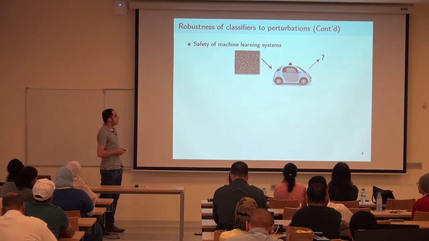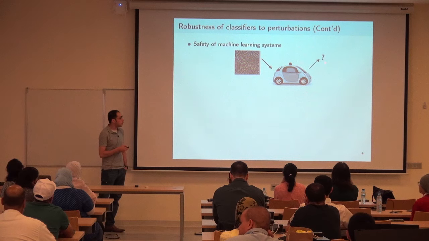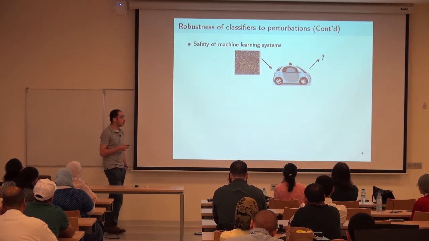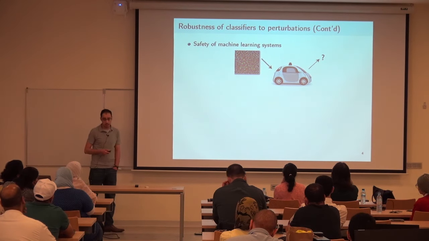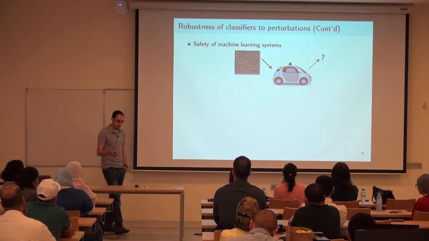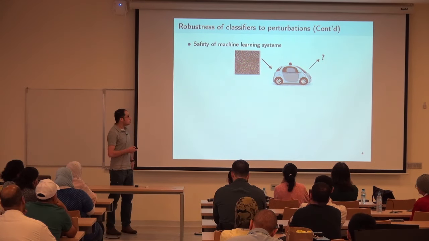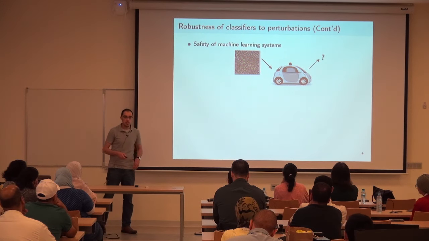The first one is from a safety perspective. Say that you have an autonomous car, and that you add some perturbation on top of the camera that is used to classify whether something is a stop sign, whether something is a pedestrian, and so on.